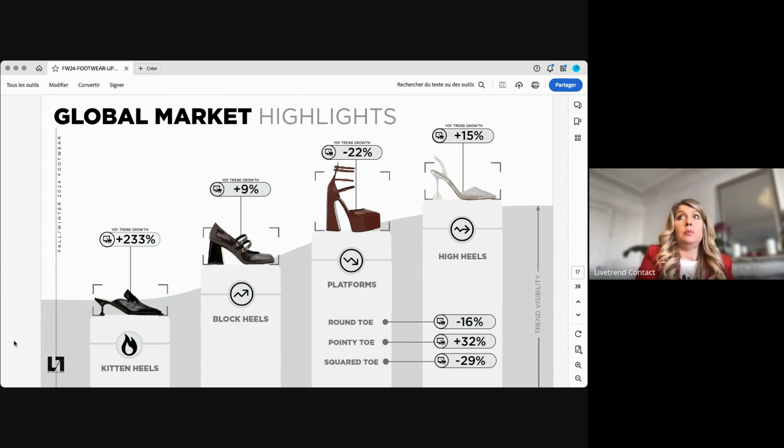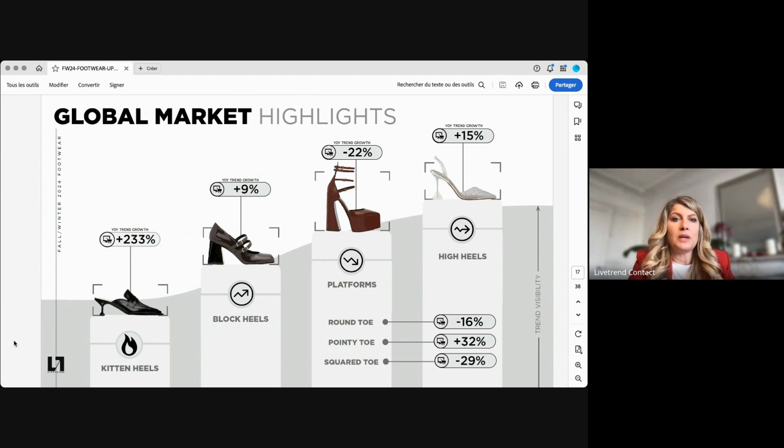Platforms have been a big trend with big visibility, but they are starting to decrease. For us, 22% is quite a stable trend, but it's forecasted to decrease for the upcoming season because it was so big and so visible. So now it's going to be more stable.